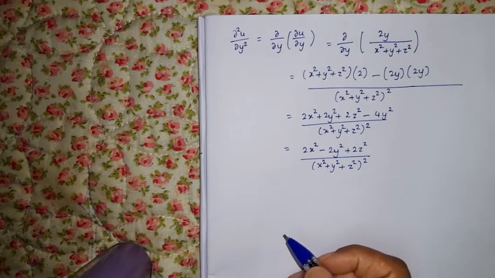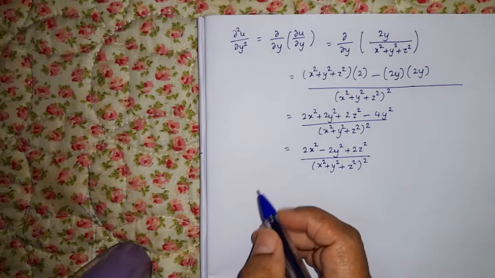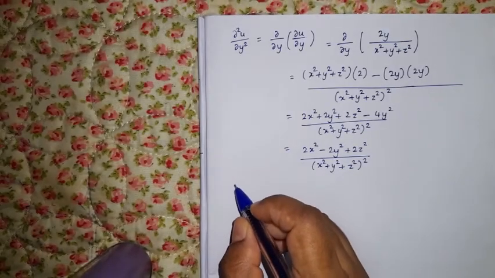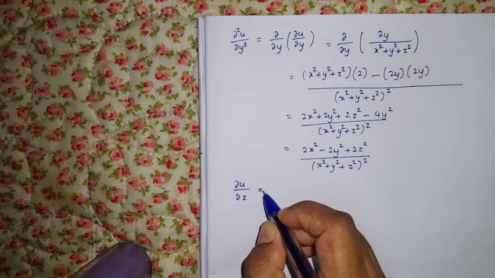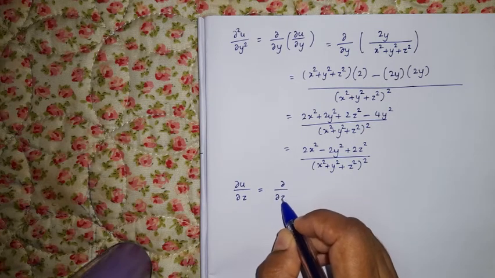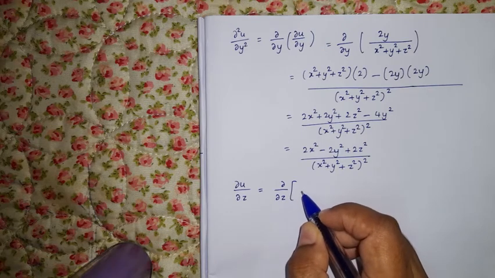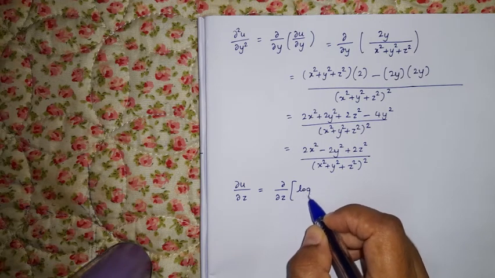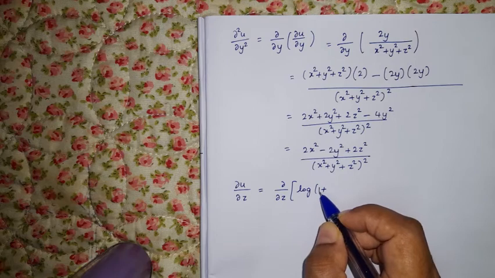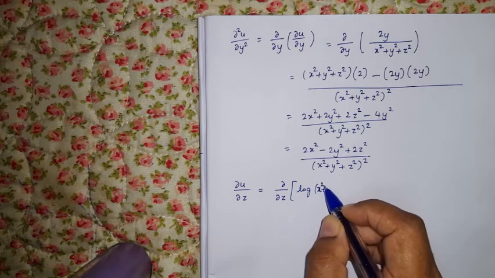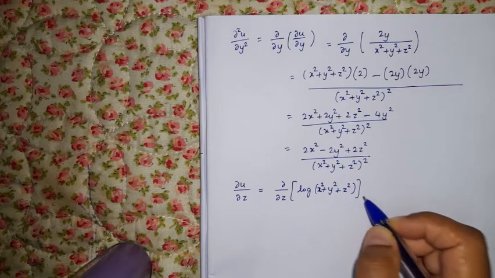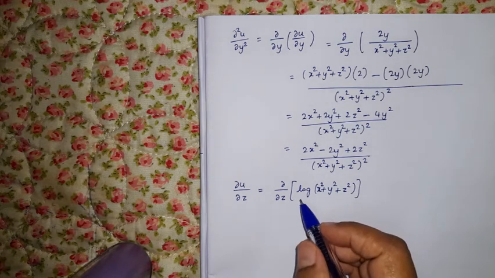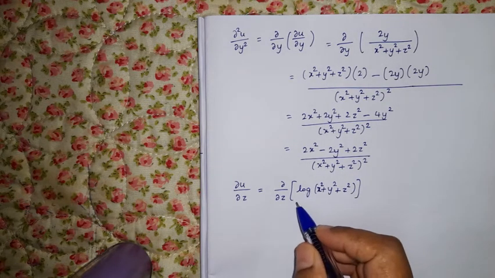Next, we need dou square u by dou z square. For that, we will find dou u by dou z first. What is dou u by dou z? It is dou by dou z of, instead of u, we had log of 1 plus x square plus y square plus z square. So you have to differentiate this partially with respect to z.